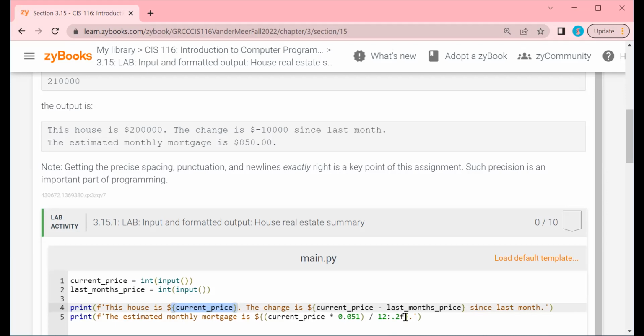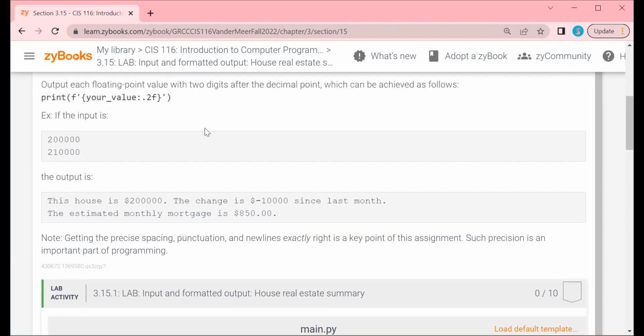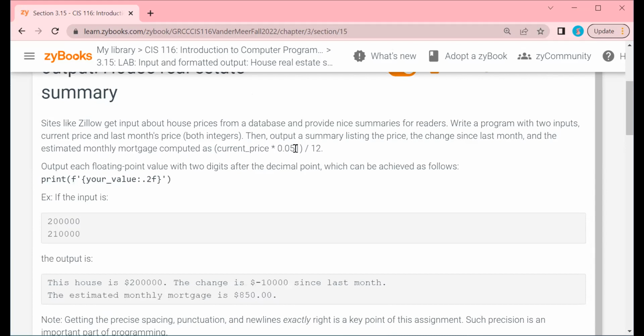And where did the figure times 0.051 come from? That's how they calculate their mortgage. That must be a percentage rate. So the current value times the interest rate divided by 12, however they calculate the mortgage payment. Is that example supposed to represent an interest rate?